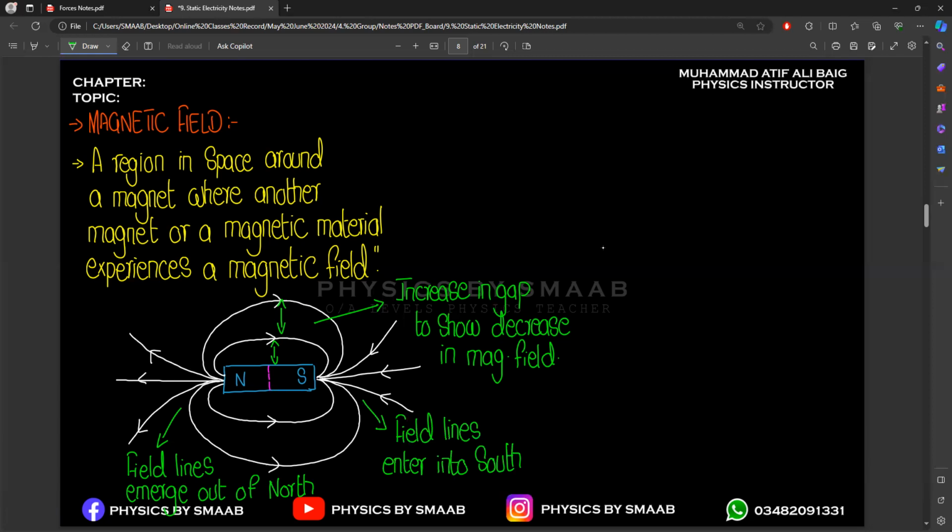No, sir. Okay. And again, we know if we place north and north, they will repel. If we place north and south, they will attract. And which device will help you to identify the direction of the magnetic field?